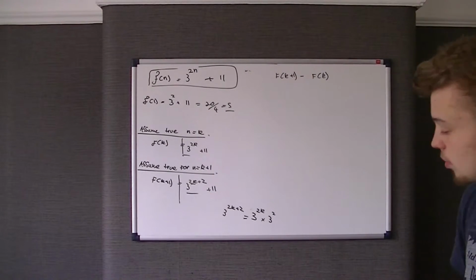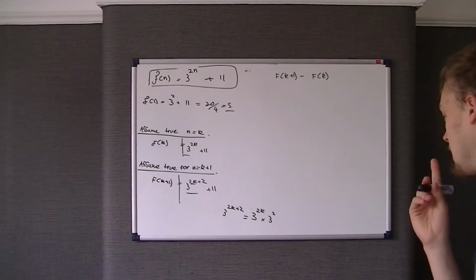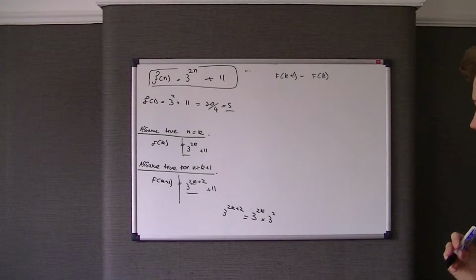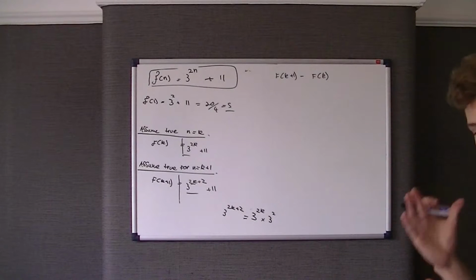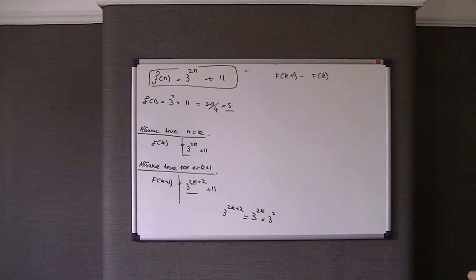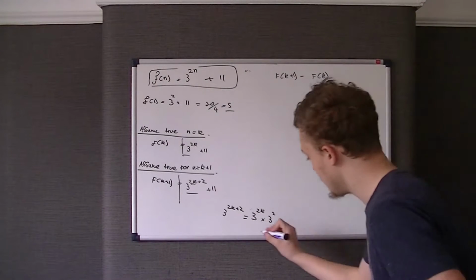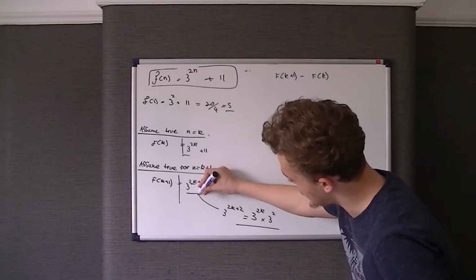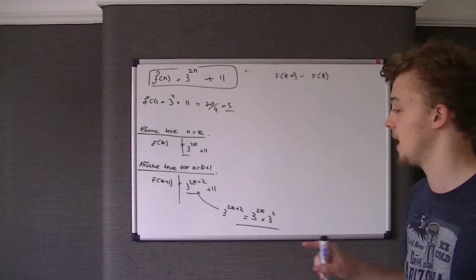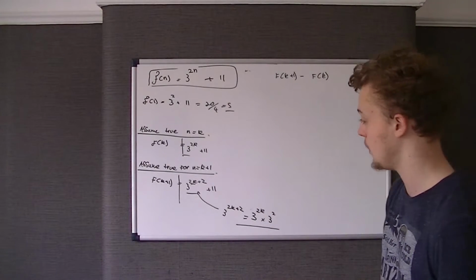It's a simple C1 bit of knowledge. It's a similar thing of subbing it in, because we know 3 to the power of 2k plus 2 is that, we just sub that into f of k plus 1.